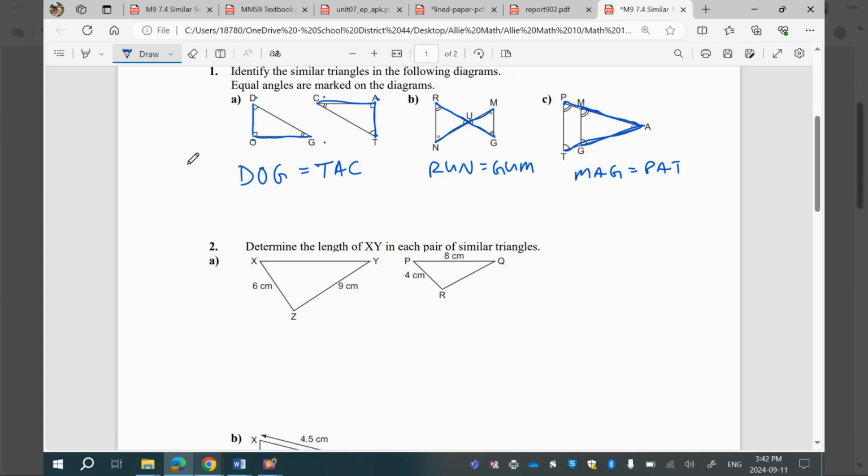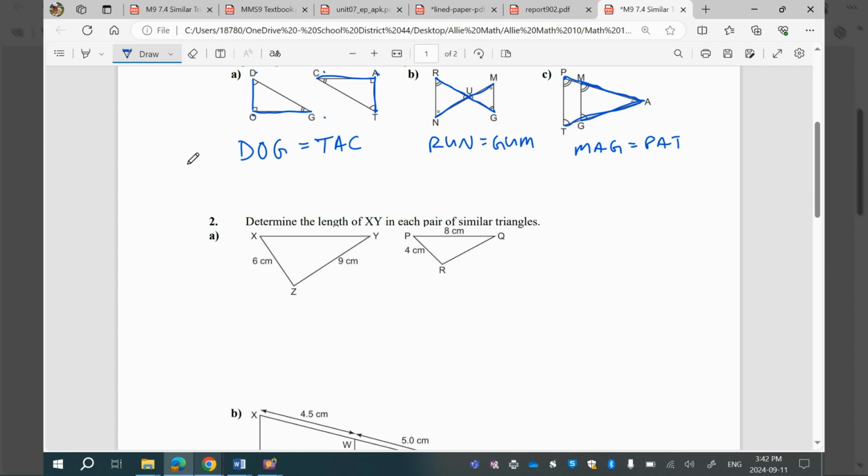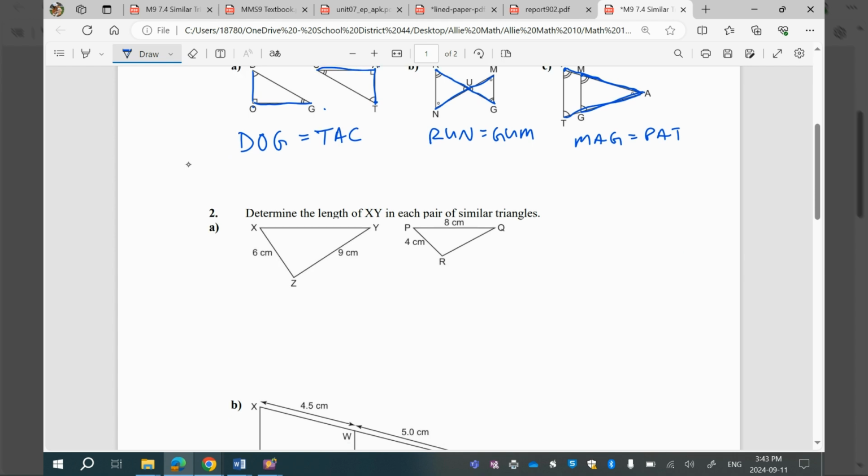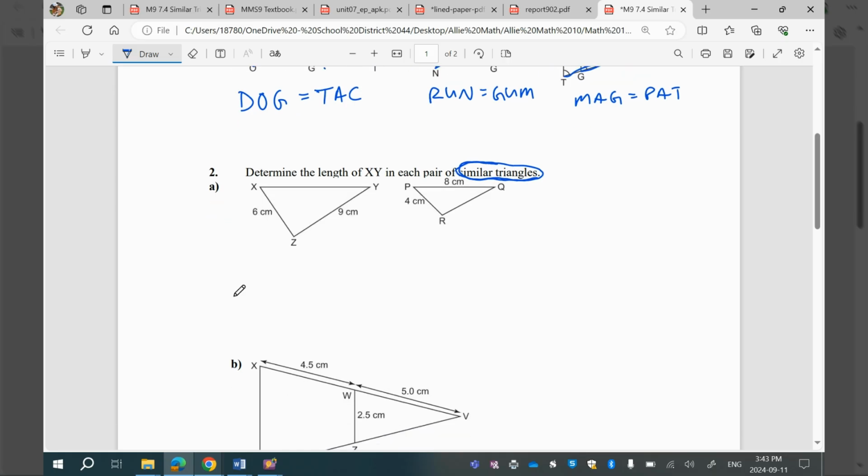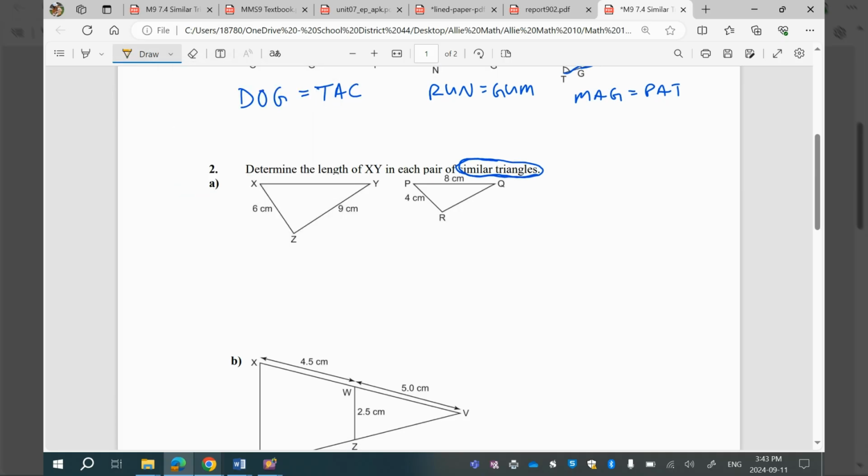Let's see, determine the length of XY in each pair of similar triangles. We know they're similar. They say that piece of information. So what we can assume to be true is that all of the side lengths will be in proportion to each other. So we need to find what that ratio is. And you notice on these 2 triangles, we have 2 missing pieces of information.